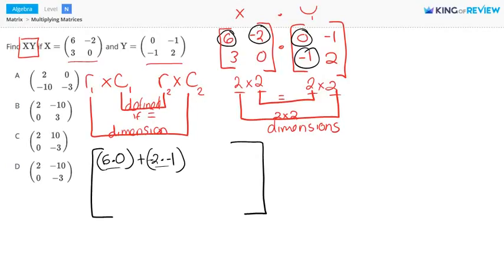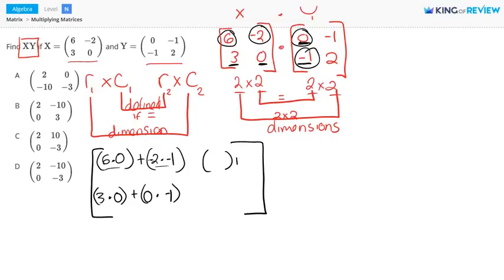So let's continue in this fashion and set up the next one. So this would be 3 times 0, plus 0 times -1. So this would be the second entry.